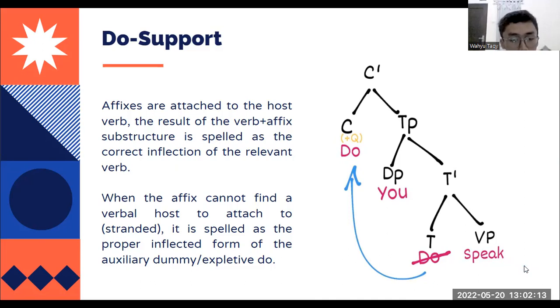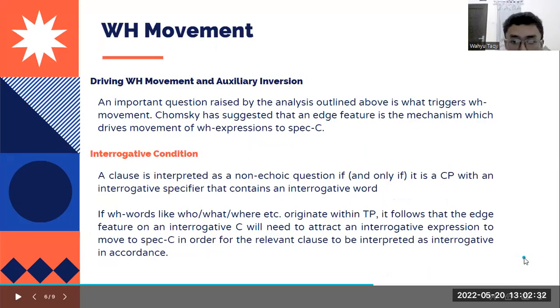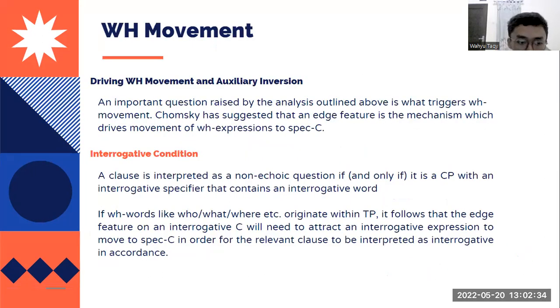So what do we do? Well, we need to move something from T to C. So I put a dummy do under the T and then follow it, and then we end up with do you speak? The next slide will be presented by Cinta.